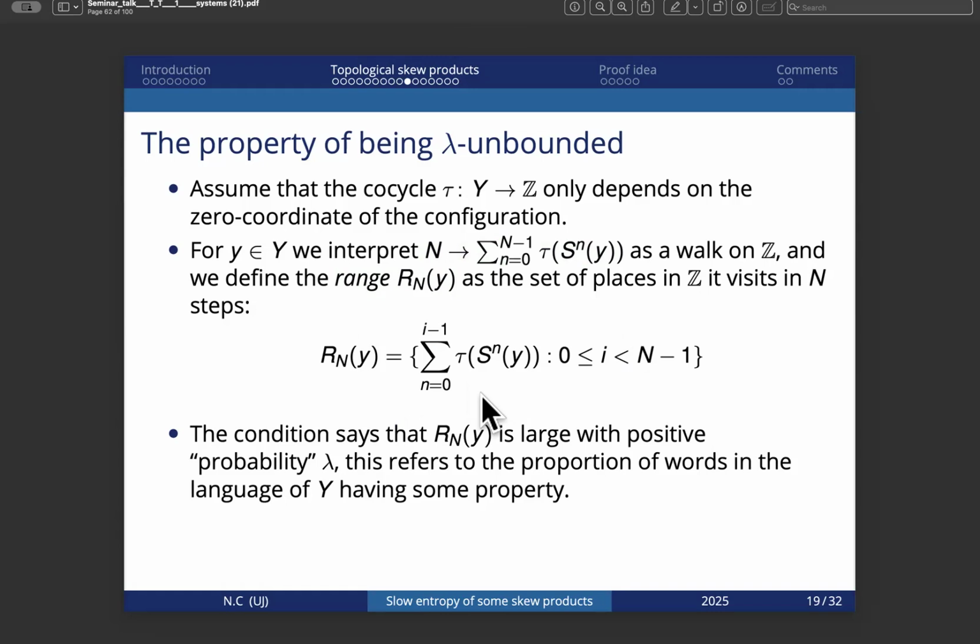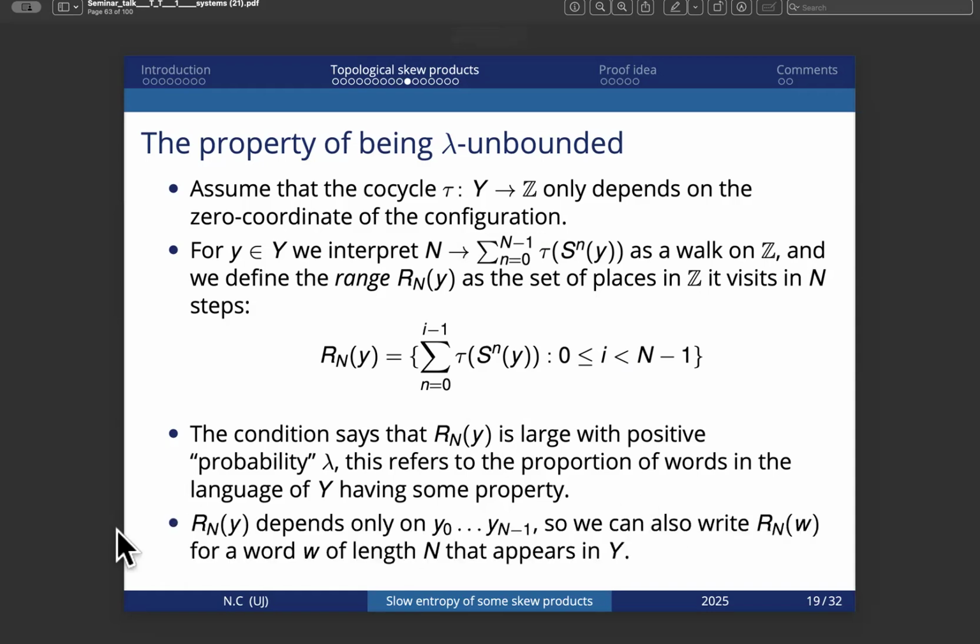But this does not refer to an invariant measure in the space. We did not fix one, we could fix one, but anyway, the condition refers to a proportion of words in the language of the subshift having some property. So we want this range to be large, but in the sense of many words.